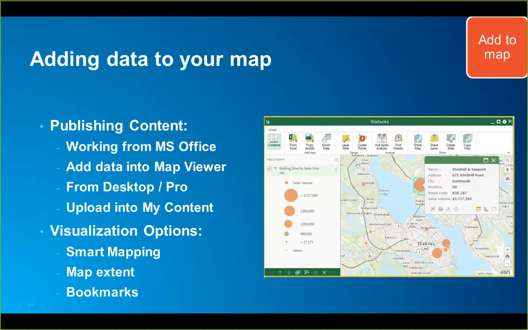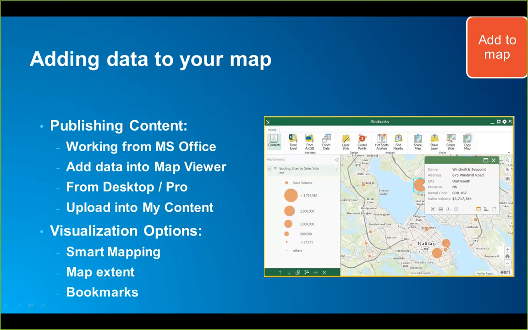So with our data downloaded, we now need to decide how we're going to add that data to the map. When publishing content, you have a few options available to you. As I had mentioned before, we're going to be working in Microsoft Office, and we're going to be using it to geocode addresses directly within Excel. But outside of that, I could add data easily to my map viewer.